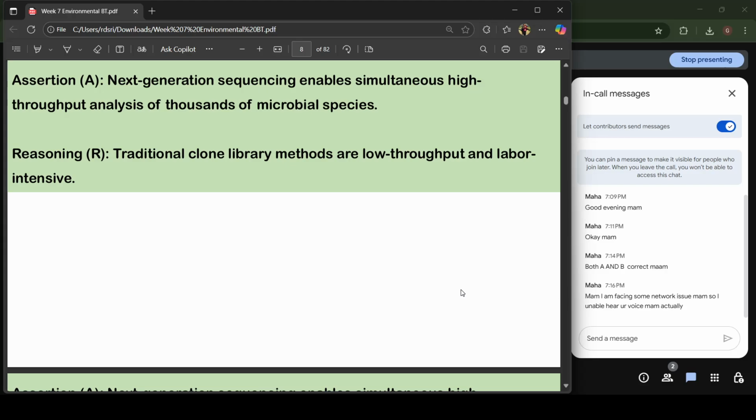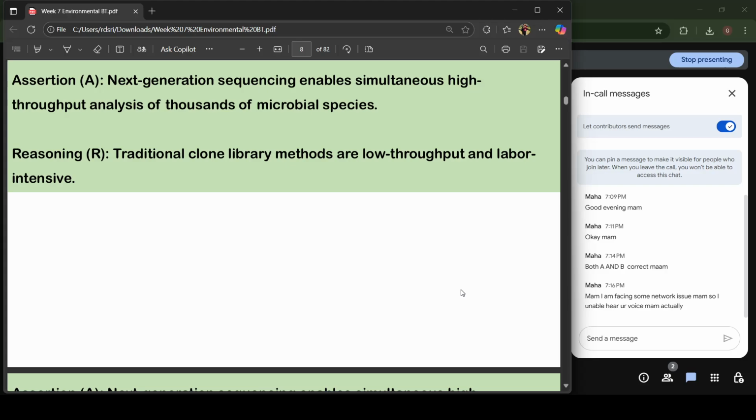But NGS, or next generation sequencing, is more advanced, and it is also called high throughput sequencing because it can handle multiple samples at the same time and can sequence millions of DNA molecules simultaneously. Because of this parallel processing capacity, we call next generation sequencing a high throughput sequencing technique also.